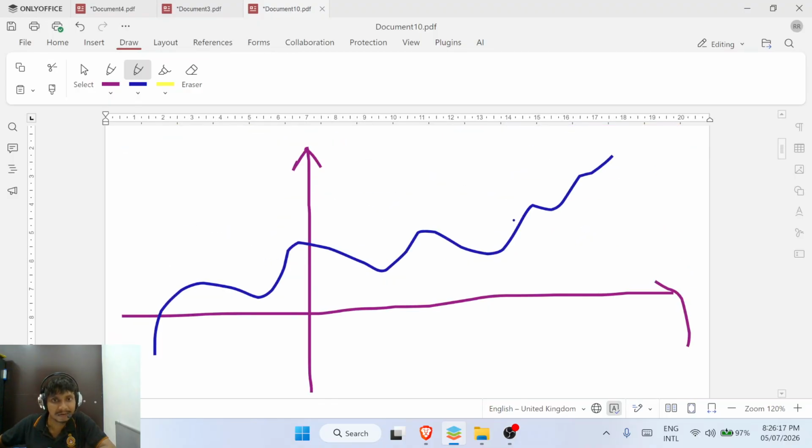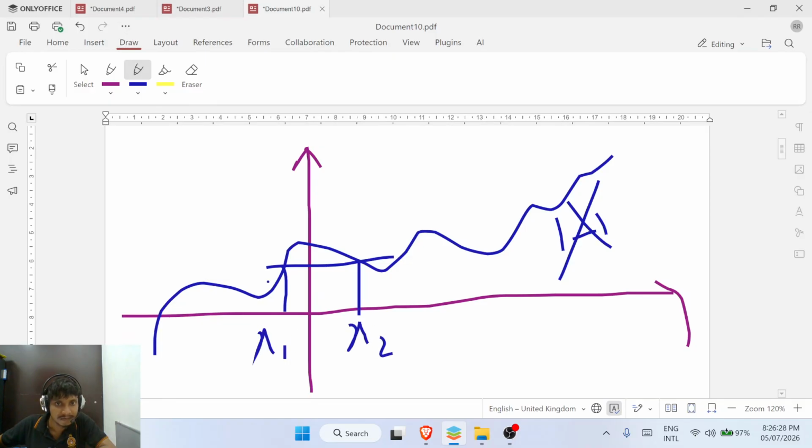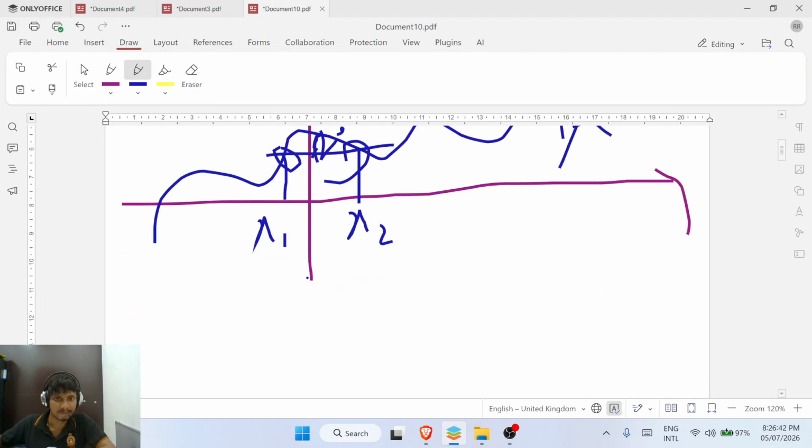This is also not one-to-one. Why? Here, for example, this is x1 and this is x2. x1 and x2 have the same value, for example 20. x1 and x2 have the same value for f of x, which means f of x1 is equal to f of x2.